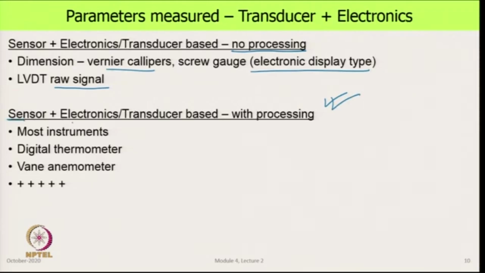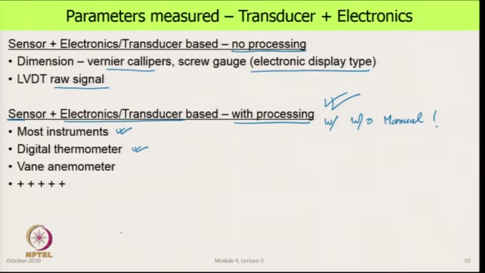that you have a sensor, there is electronics and transducer, and there is processing with or without manual intervention. So in this category, as I said, almost all instruments come in here. An example is, say, the digital thermometer, that is the clinical thermometer.